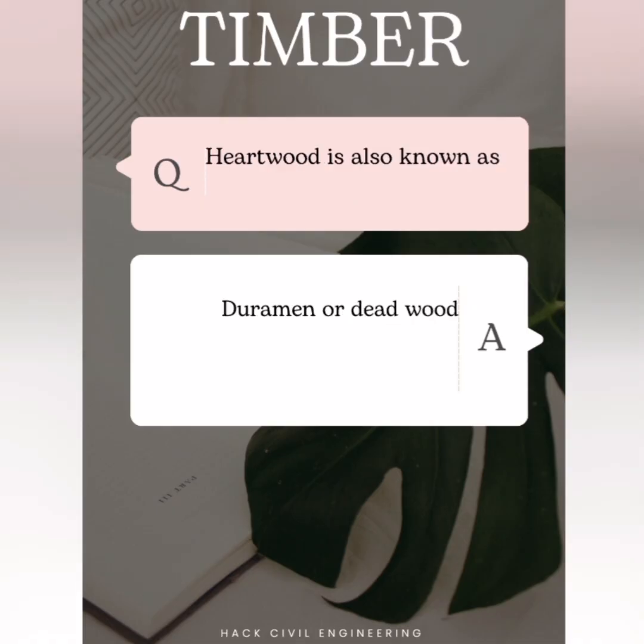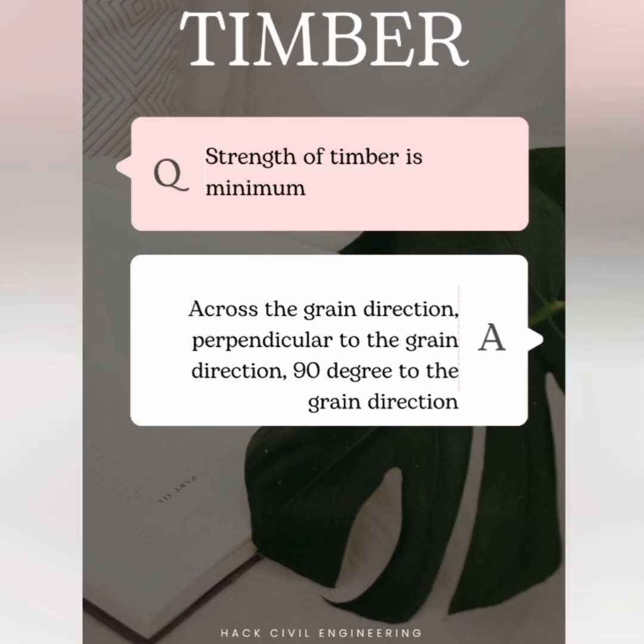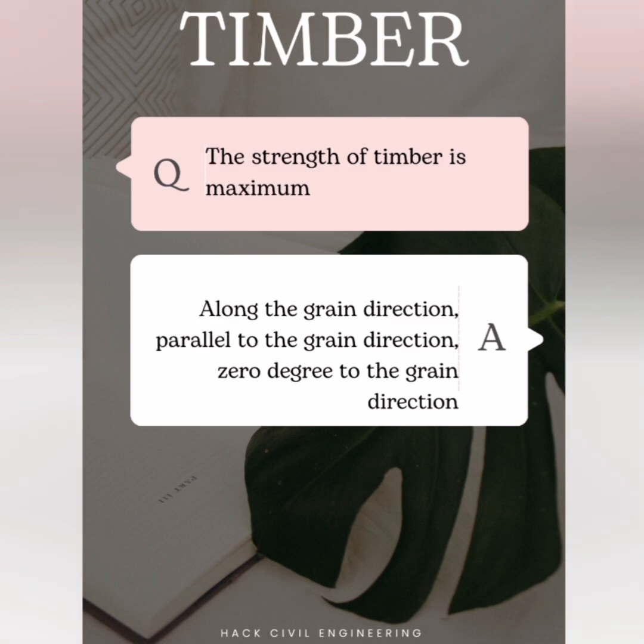Heartwood is also known as duramen or deadwood. The innermost part of a tree: pith or medulla. Strength of timber is minimum across the grain direction. The strength of timber is maximum along the grain direction.